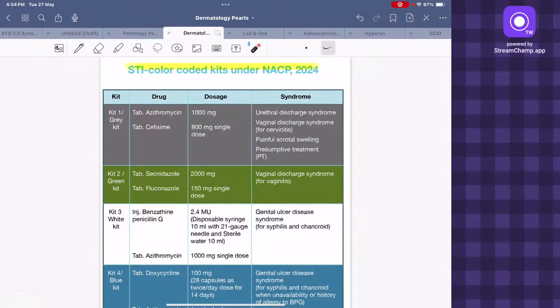If there is a syndrome, if there is urethral discharge, vaginal discharge for cervicitis, painful scrotal swelling, epididymo-orchitis, then it is most probably Neisseria gonorrhoeae and all. And for presumptive treatment, we give tablet azithromycin, tablet cefixime.